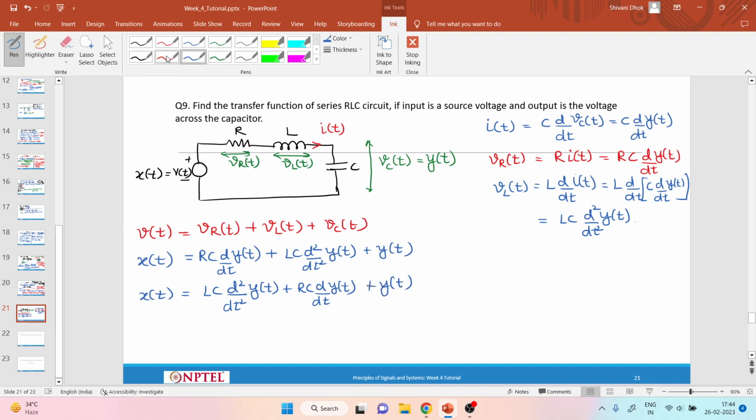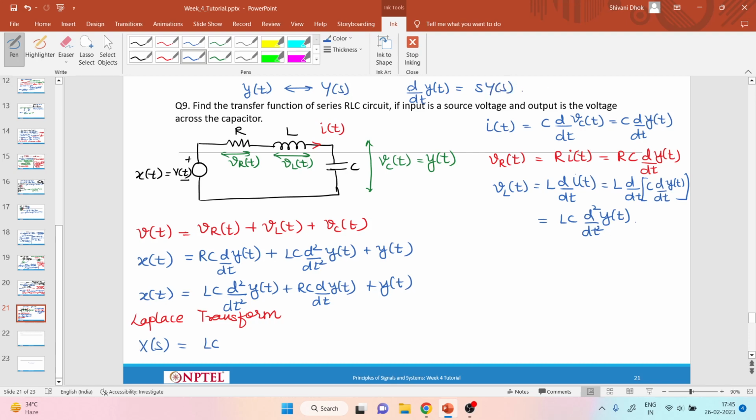Now we'll take the Laplace transform of this, and I'm assuming that the initial conditions are 0. So x of s is equal to LC. Now if I have a signal y of t, and let's say its Laplace transform is y of s, then the Laplace transform of d/dt of y of t will be s into y of s.